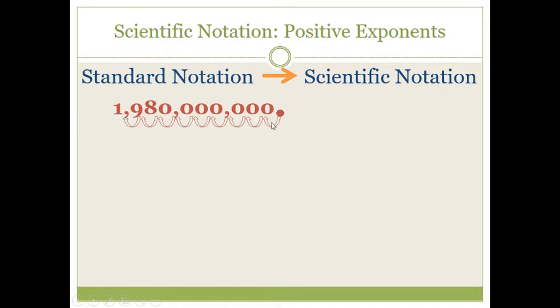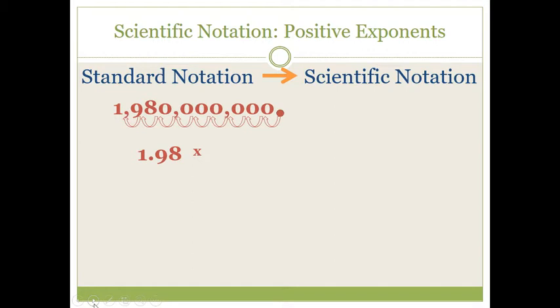So if I take this decimal and move it in between the 1 and the 9, then I have a number that's between 1 and 10. It'd be 1.9. Basically, you're moving it to the left until you just have one number to the left of the decimal. So here's our 1.98.